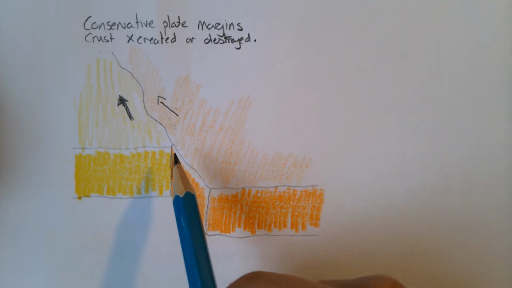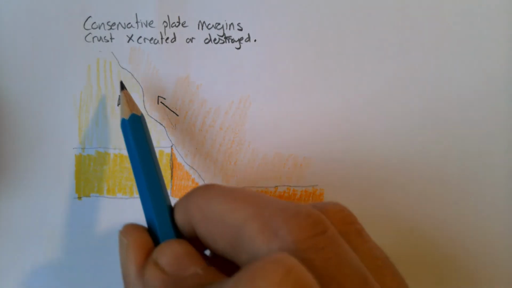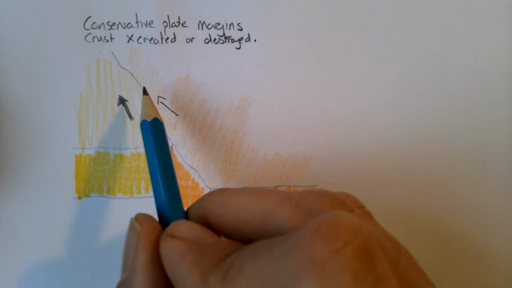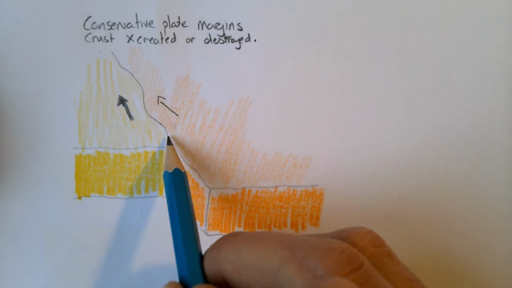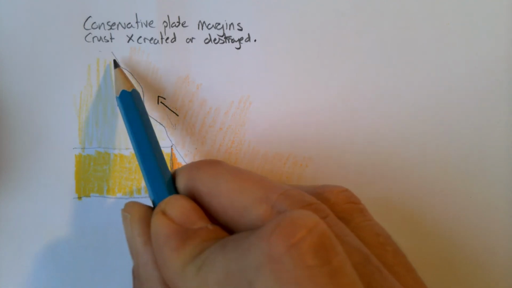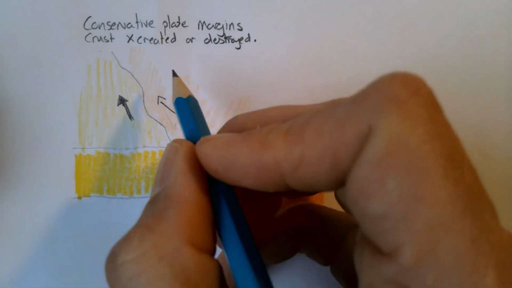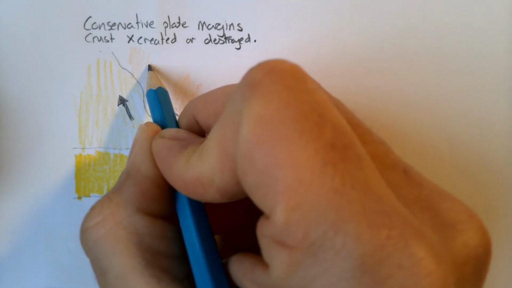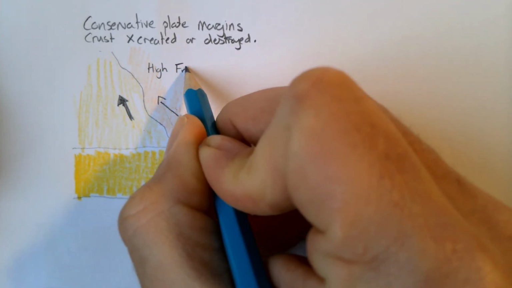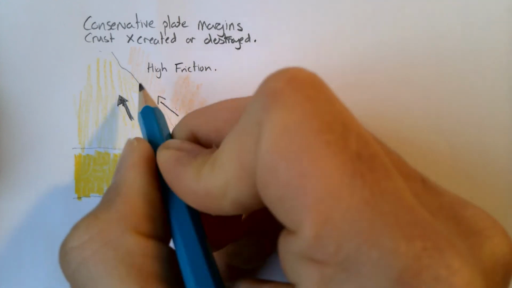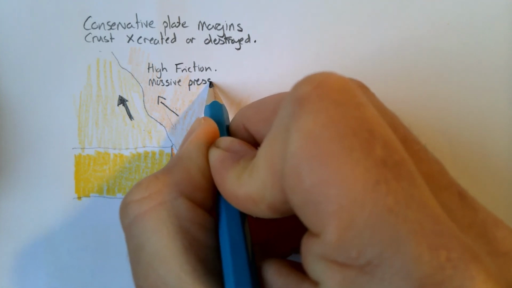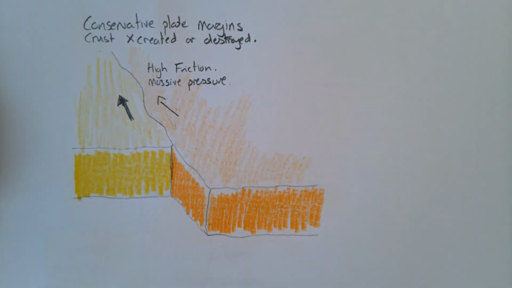Now, this is not an easy movement, this movement of the two plates past one another. We are dealing with huge chunks of the Earth's crust that interlock along rough edges. As a result of that, we will often get high levels of friction, causing massive pressure to build up.